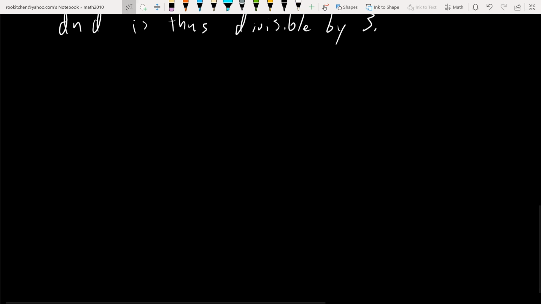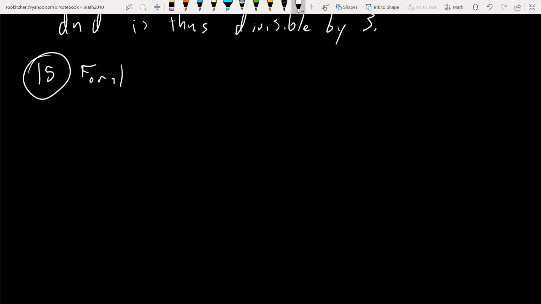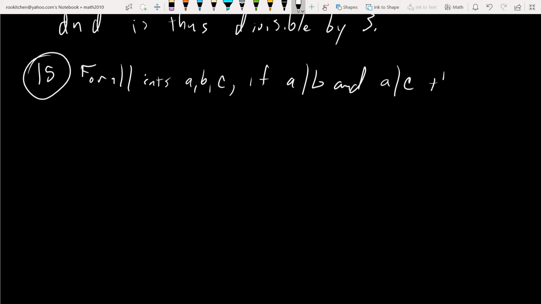Let's look at number 15. This is a little more typical of what you would see in the intro sections of a number theory class. For all integers a, b, c, if a divides b and a divides c, then a divides b minus c.